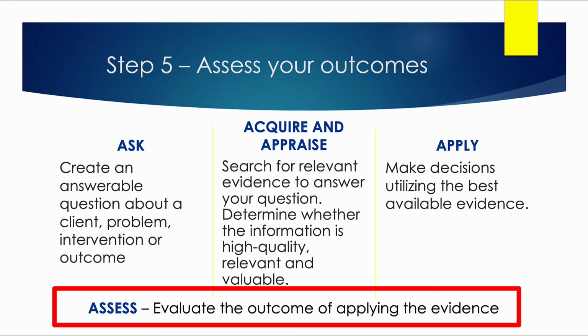After we apply and design this program, but before we actually start doing it, we have to put together an assessment plan. So this assessment plan allows us to evaluate our outcomes of applying the evidence. So if our goal was to enhance endurance capacity and reduce fatigue, we need to have a way to measure that. We have to come up with ways to measure it.